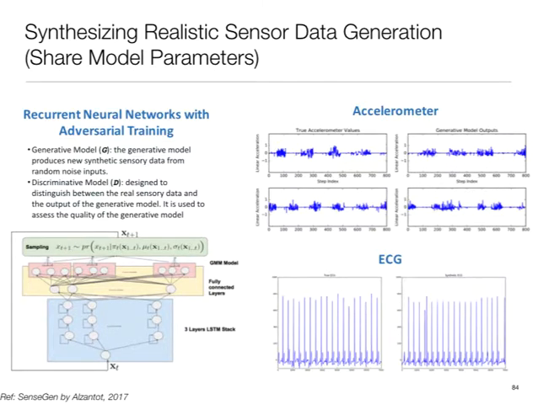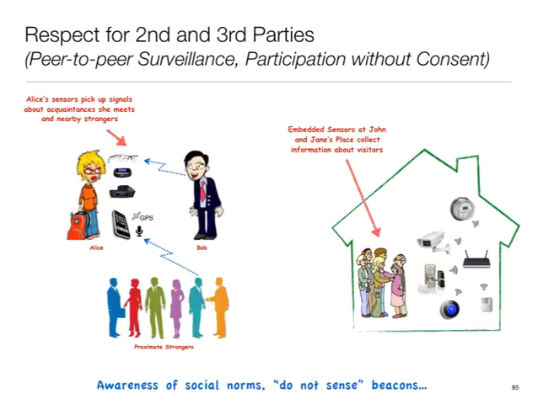Much of the attention has focused on images for the most part, but I think the same ideas could work here as well. Some challenges, or problem areas: respect for second and third parties. That is, what happens when my sensor is picking up your signals, or when you are coming into my space?